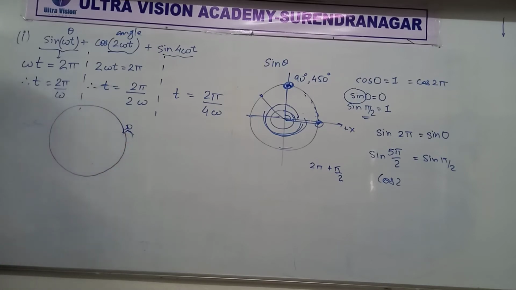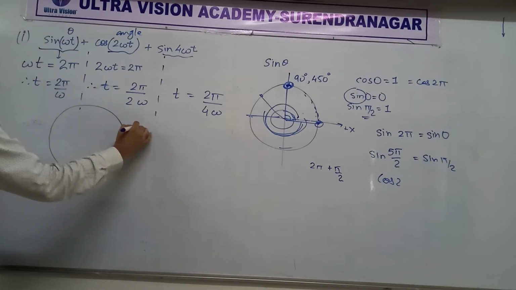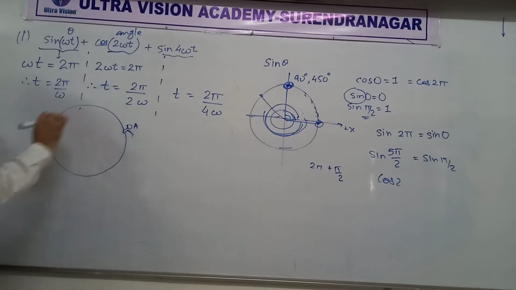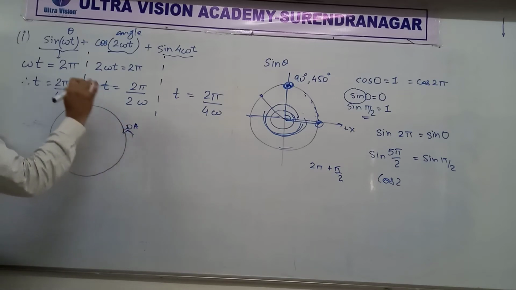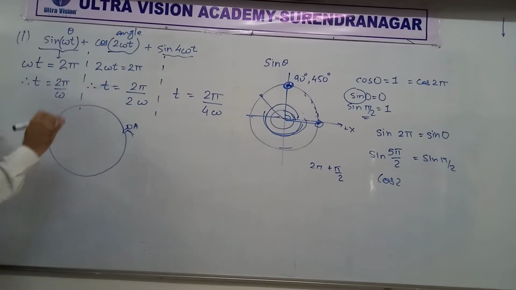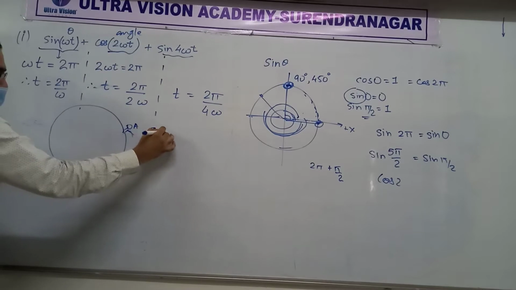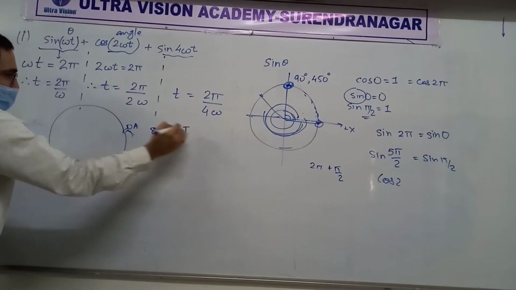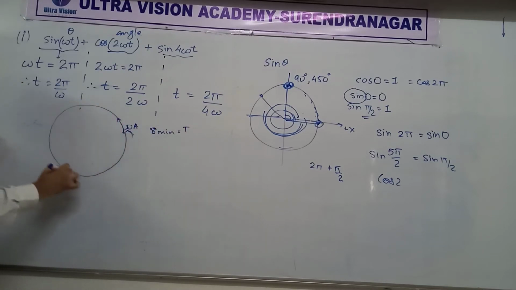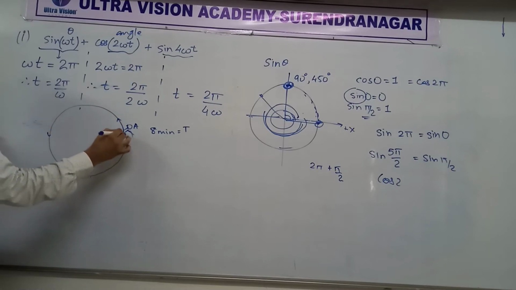on a circle, right? Let's call this person A. First, person A here took a time of, let's say, 8 minutes as time period, going around the circle and coming back.